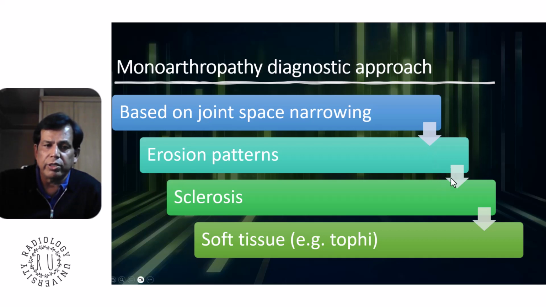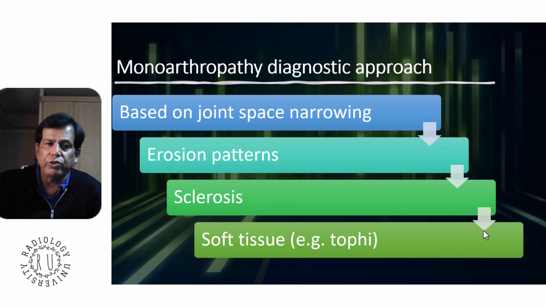Then is there a sclerosis of the joint, or is it osteophytic, due to sclerosis and osteophyte formation. And look for soft tissue, which is soft tissue swelling and tophi, whether it is calcified or not.